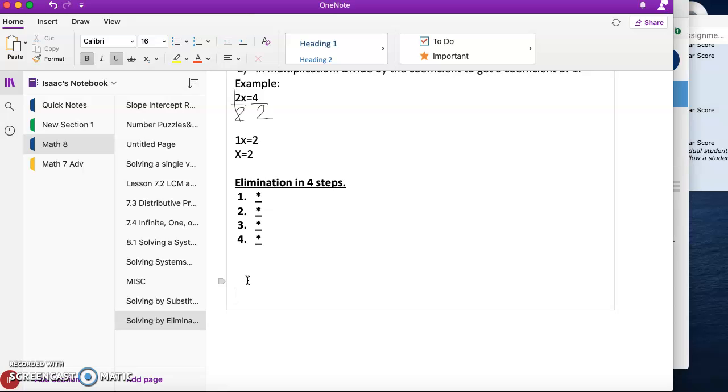So let's show our first example, example 1, of solving by elimination. Let's say I've got 2x plus 4y equals 6. That's my first equation in this system of equations.